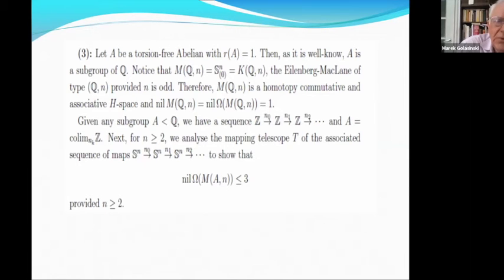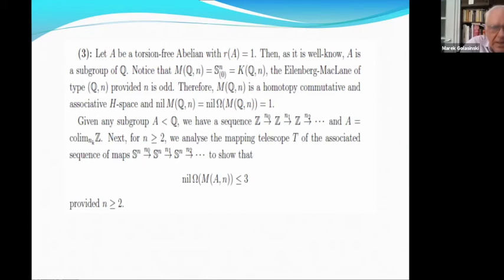Also, we have here some result that if you consider Moore spaces of type Q, n, that's the same as the localization here, and it's the same as an Eilenberg-MacLane space if n is odd, because the homotopy groups are only concentrated in one dimension. Therefore, we have that MQN is homotopy commutative in ACT, and the nilpotency of MQN is equal to 1.